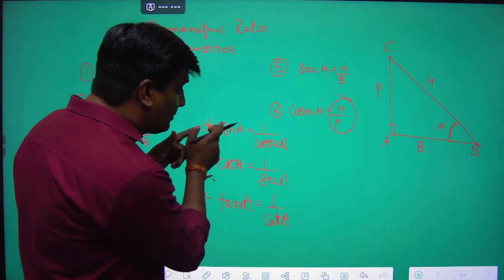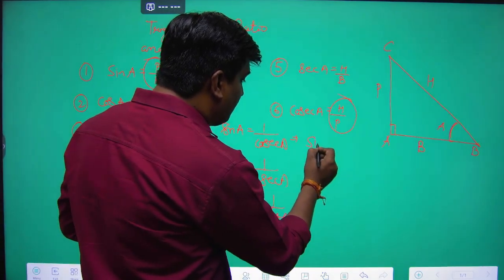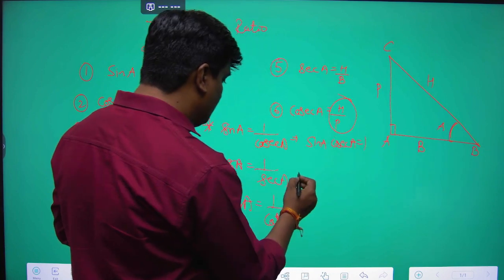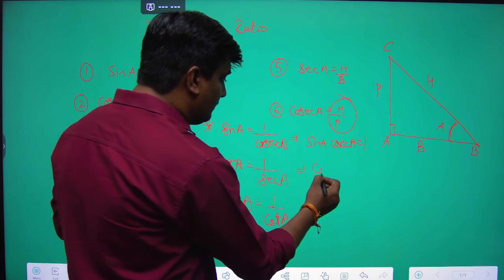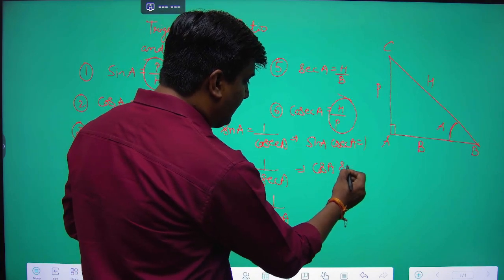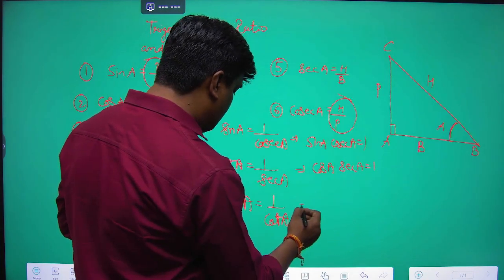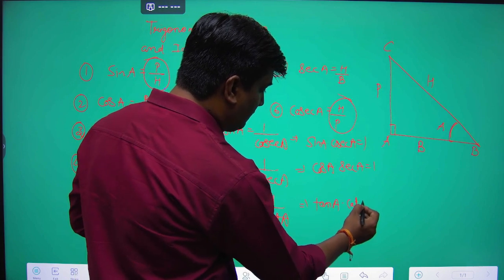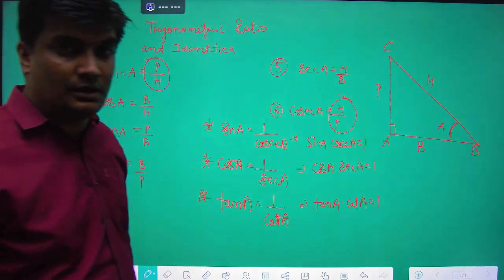Now cross multiply: sin A into cosec A is equal to 1, cos A into sec A is equal to 1, tan A into cot A is equal to 1. Understood?